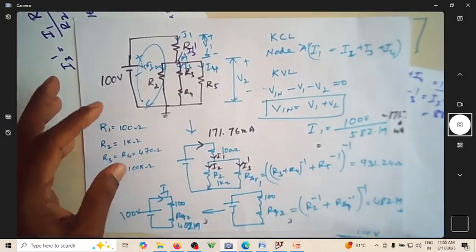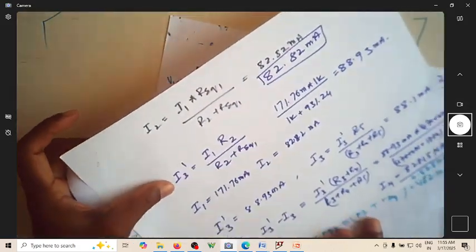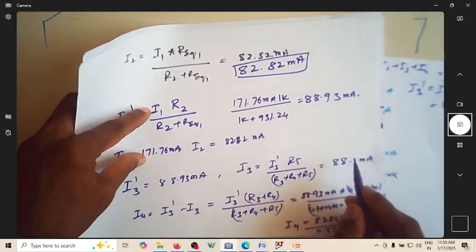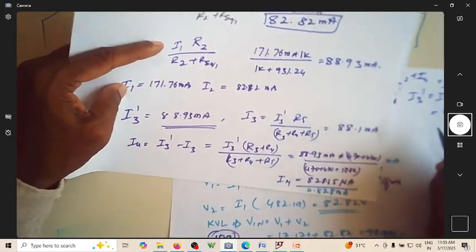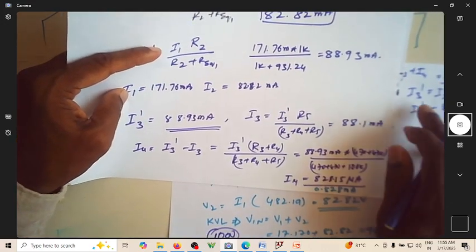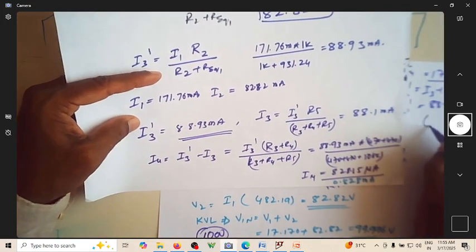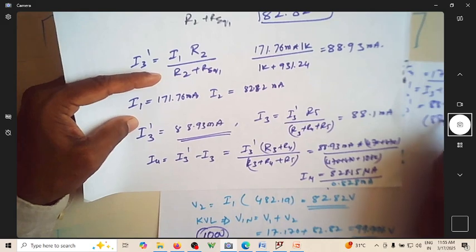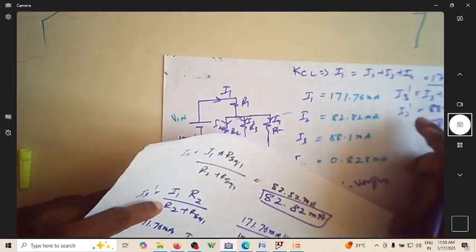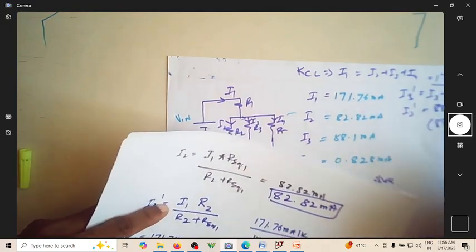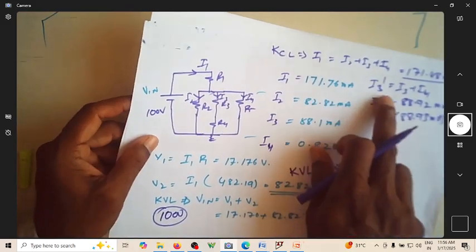I3 dash we found somewhere here, no? So this was our I3 dash. You can see here, this is I3 dash. So this is I3 dash using I3 plus I4, which is equal to 88.93 milliamperes. So this is I3 dash directly from this one. This is I3 plus I4. So we could verify this.